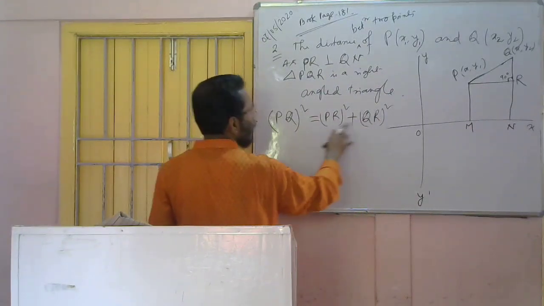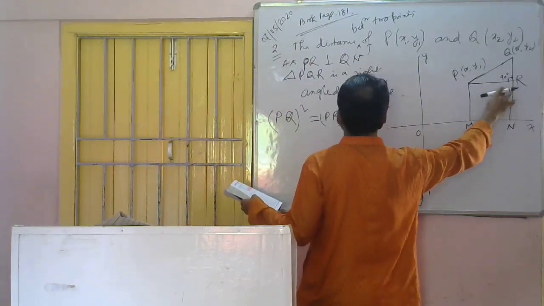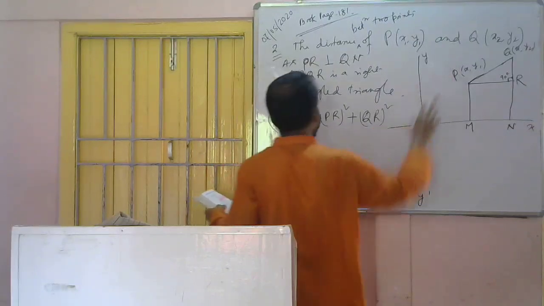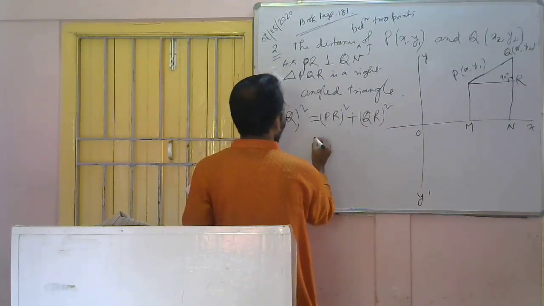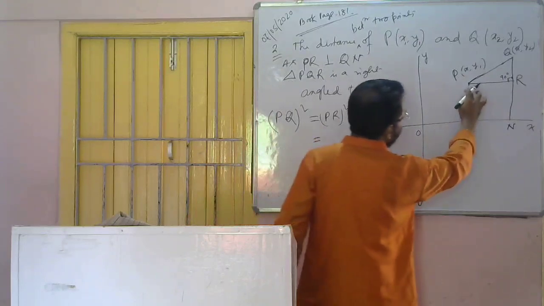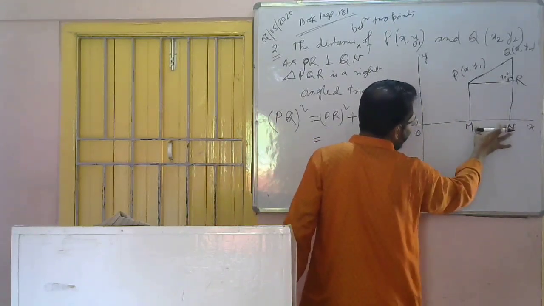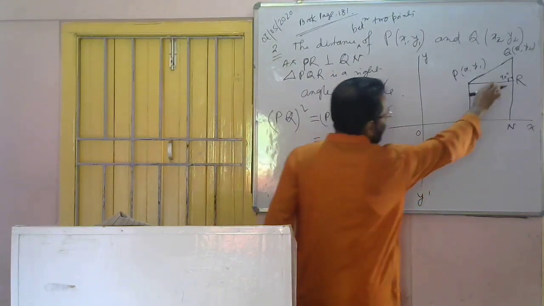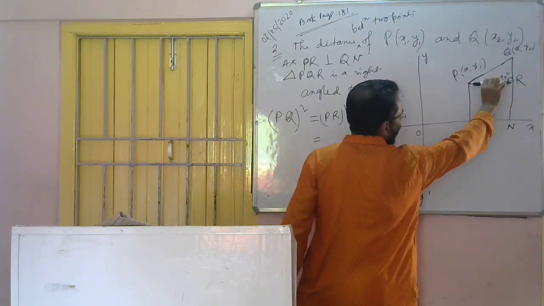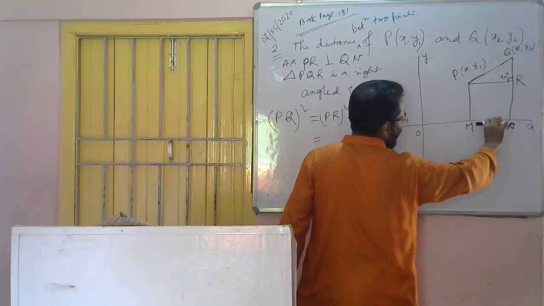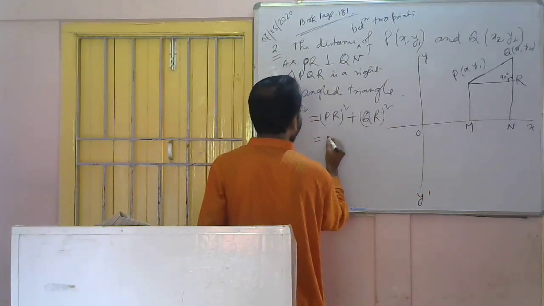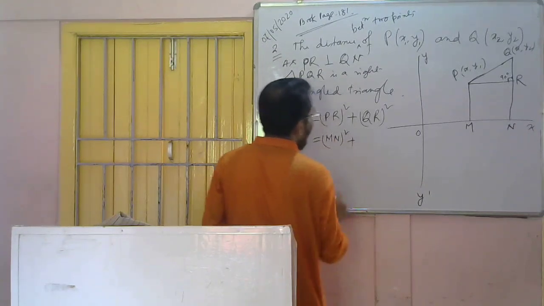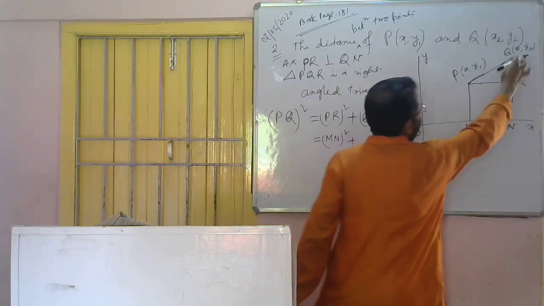This PR is the base, and this one is the perpendicular QR. You see the picture diagram. This PR distance is the same as MN. So in place of PR we can write MN square, and here is QR.